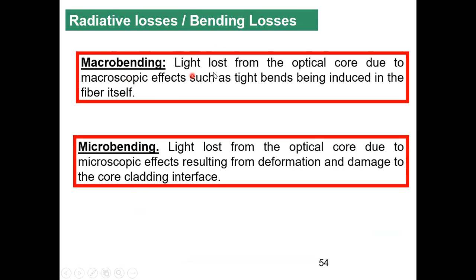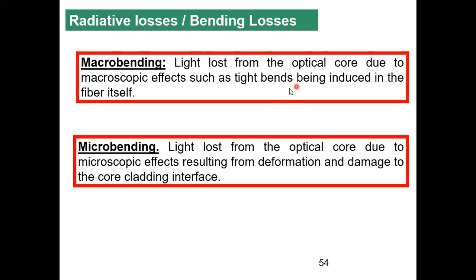Okay, so macro bending is the light loss from the optical core due to macroscopic effects such as tight bends being induced in the fiber itself. And in micro bending, it is light loss from the optical core due to microscopic effects resulting from deformation and damage to the core-cladding interface.